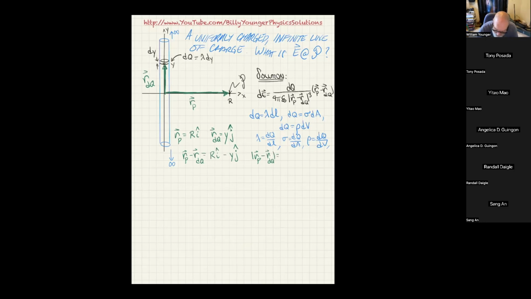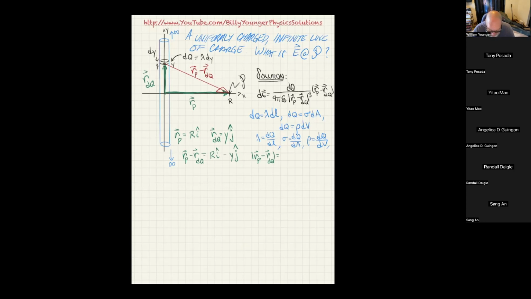The vector rp minus rdq is going to be a vector from here to there. So that's the vector rp minus rdq.